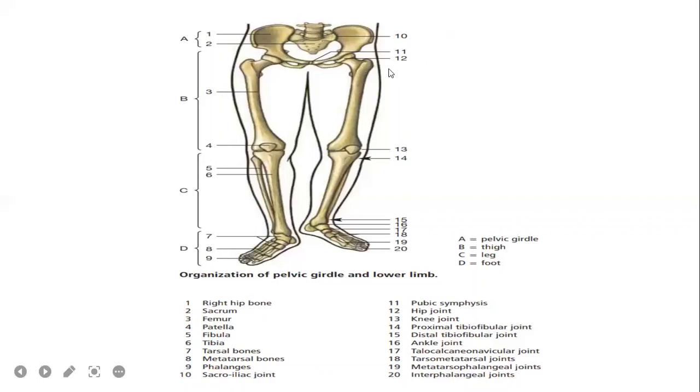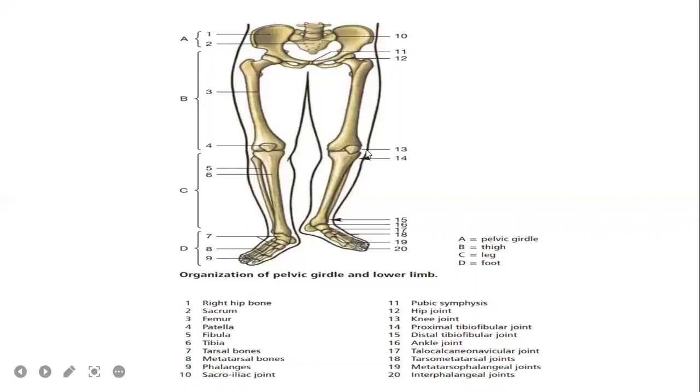We also have the part labeled as 11, which is the pubic symphysis. This is where the two hip bones join together anteriorly. We also have the part labeled as 12. This is the hip joint, the joint formed between the bone of the thigh and the bone of the hip.